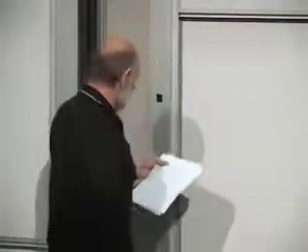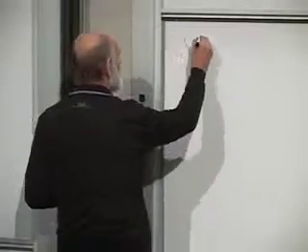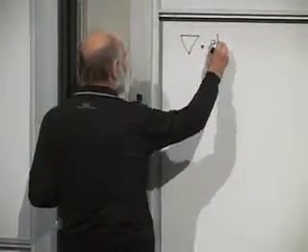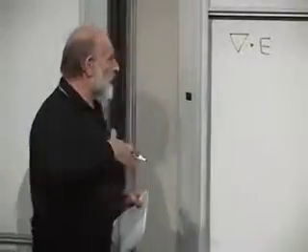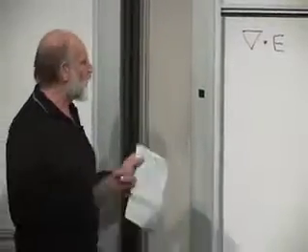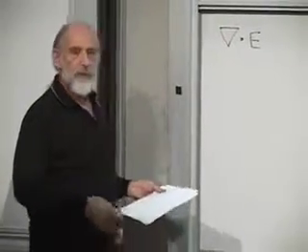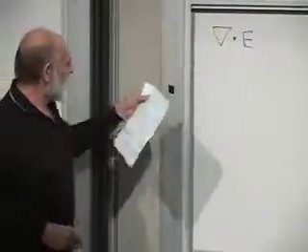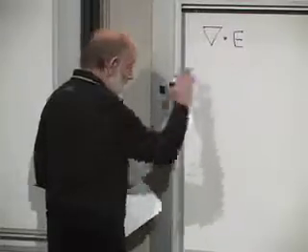Everybody remember Maxwell's equations? I remember them up to a sign. All right. Divergence of the electric field. Anybody not know what a divergence is? Good. Then I don't have to write down what a divergence is. The divergence of the electric field is the derivative with respect to x of the x component of the electric field plus the derivative with respect to y of the y component, etc. Three terms.